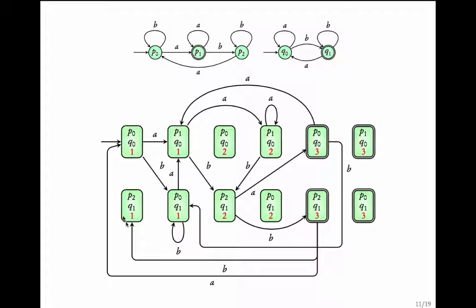Now we are left with this state, P2, Q1 on a 1. So P2 on an A goes to P0, Q1 on an A goes to Q0. Since P2 is not an accepting state, you should not change the flag. Hence on an A you go here, on a B you stay here.